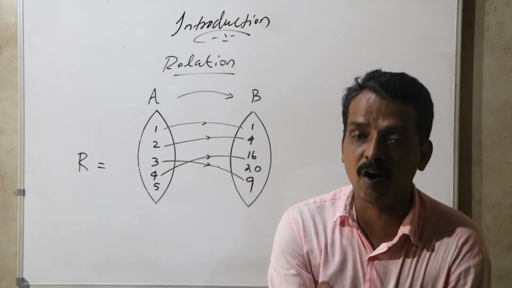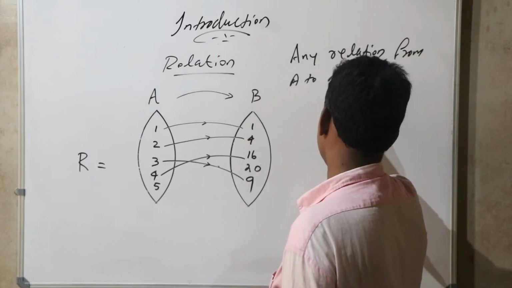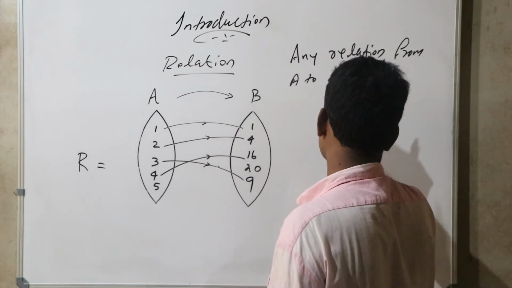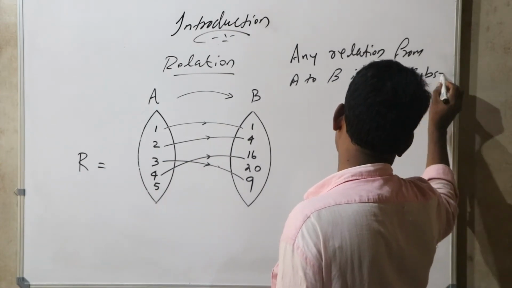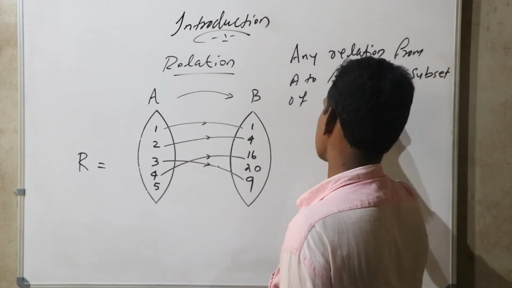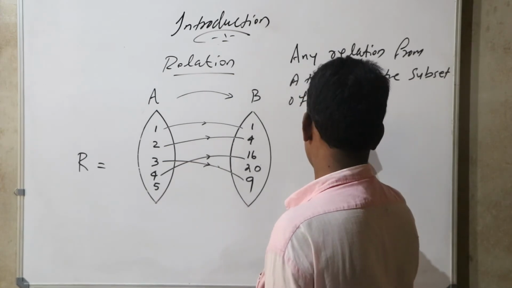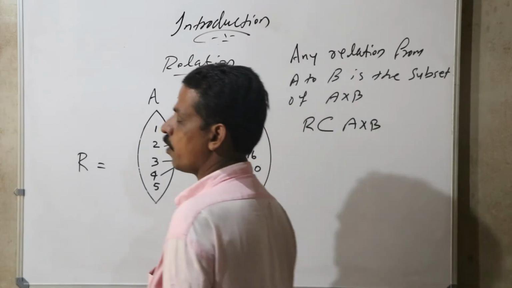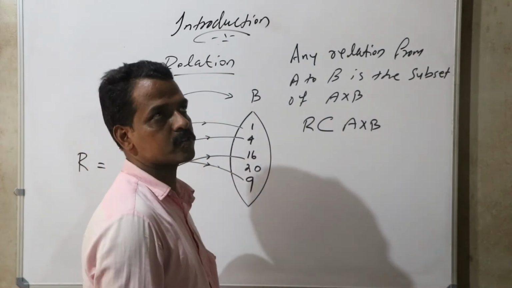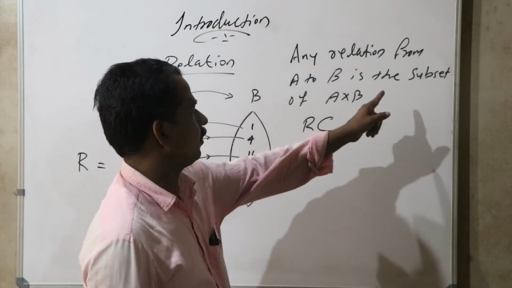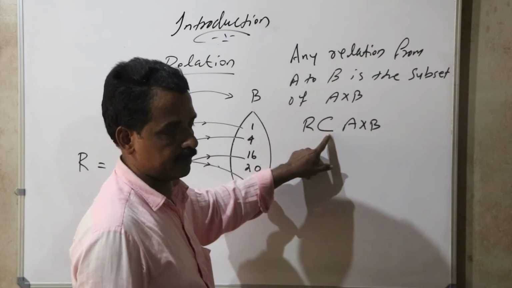becomes a subset of A cross B. Any relation from A to B is a subset of A cross B. The relation is a subset of A cross B. This is the sign of subset.